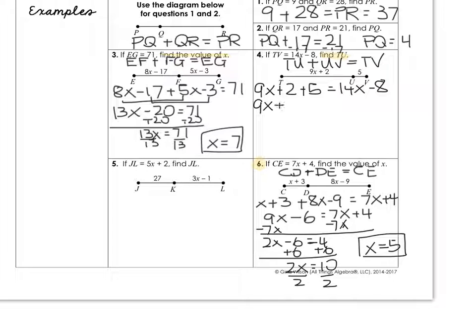Combine like terms, 2 plus 5 is 7. Subtract 14x from both sides.